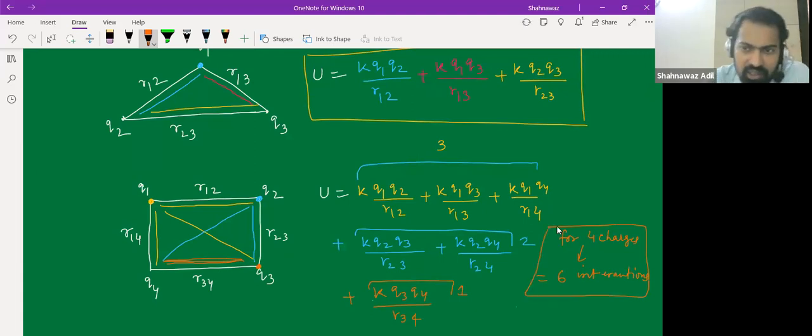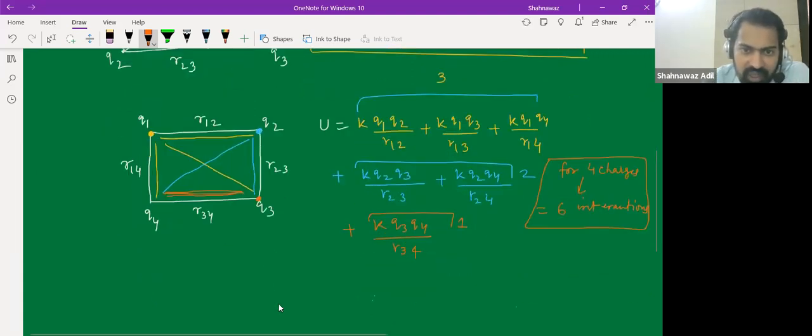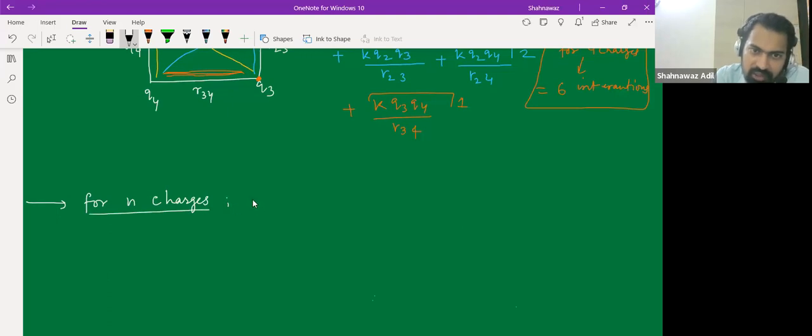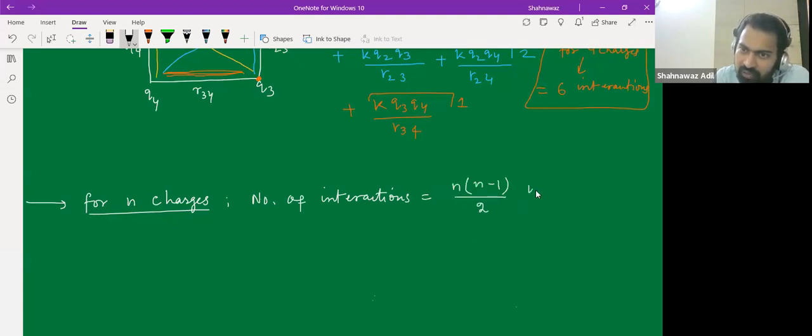And generally, if I have n charges, the number of interactions would be n into n minus 1 by 2, where n is the number of charges.